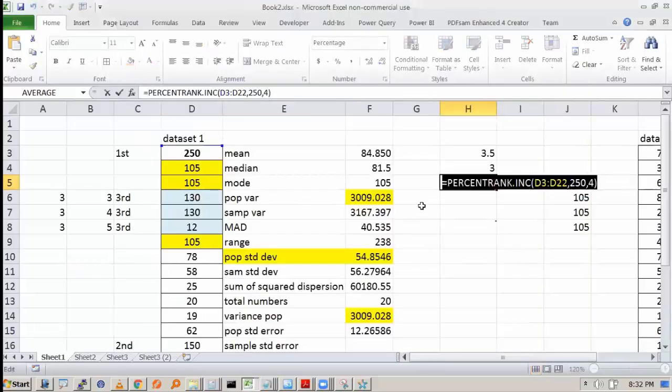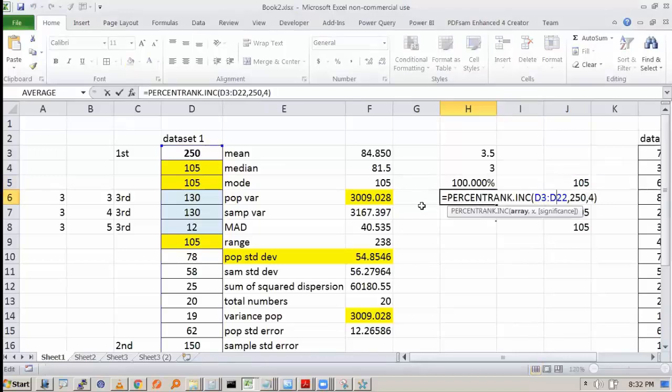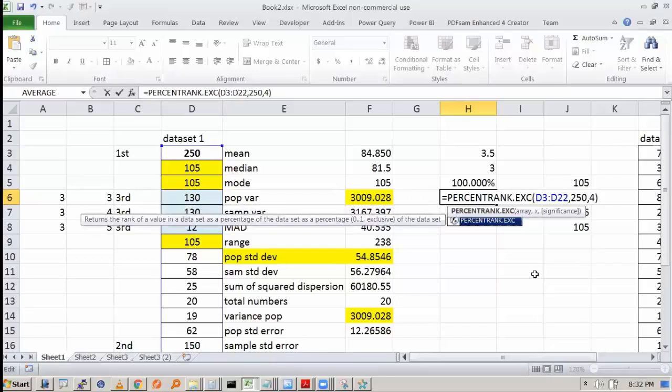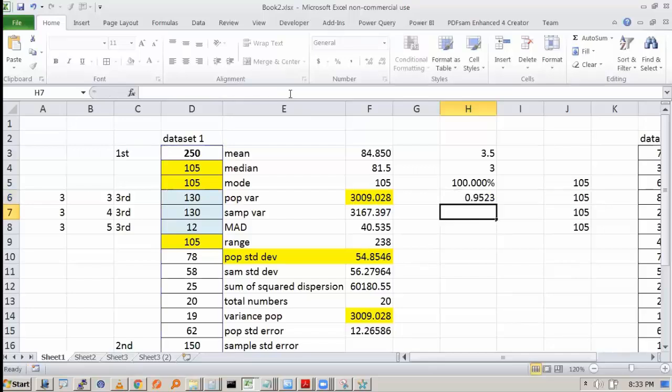But if I compute the same thing using excluding, I don't want to include the 250 as part of the percentile. I press enter. See, it has given me 4 decimal places. I compute the percentage and I get 95.23.